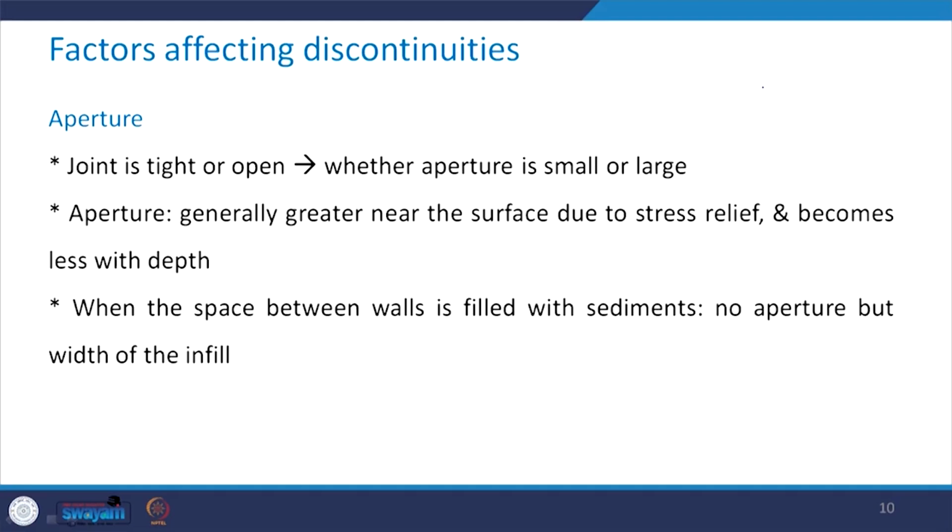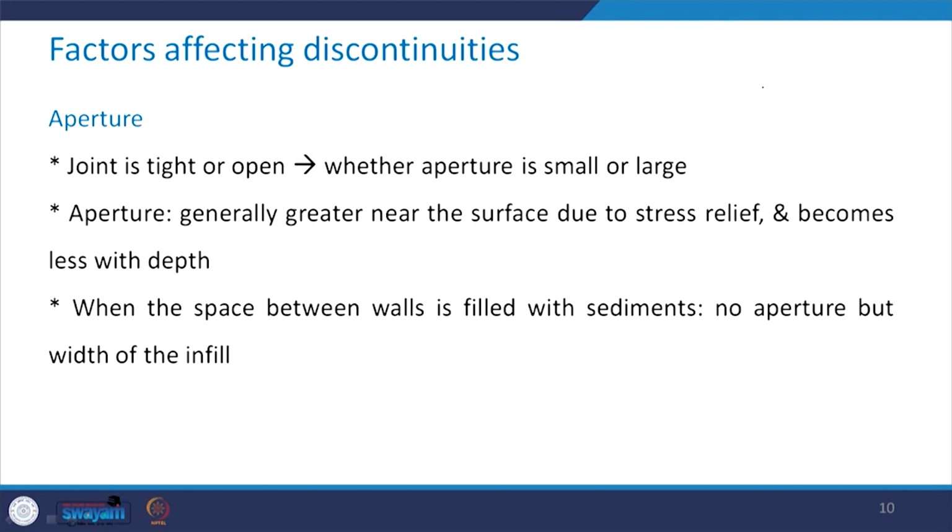Aperture is generally greater near the surface because near the surface the stresses are released, and therefore the aperture is greater, and it becomes lesser with the increase in depth. If the space between the walls is filled with sediments, then there will not be any aperture, but it will be called the width of the infill.